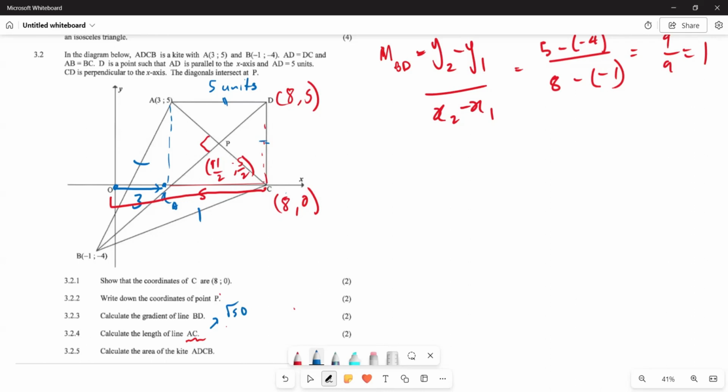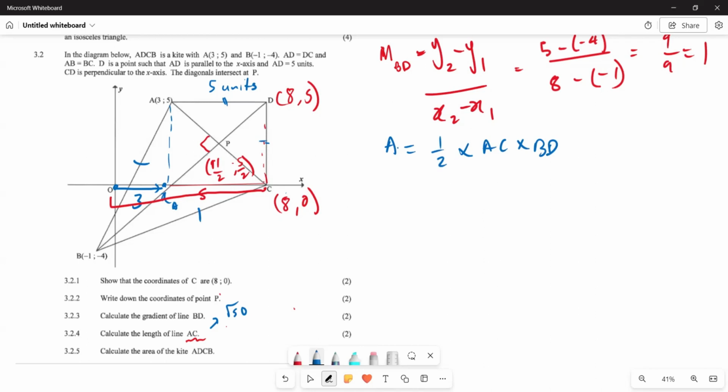As soon as I get that, remember the area of the kite is going to use the diagonals. The area is going to be 1 over 2 multiplied by AC multiplied by BD.